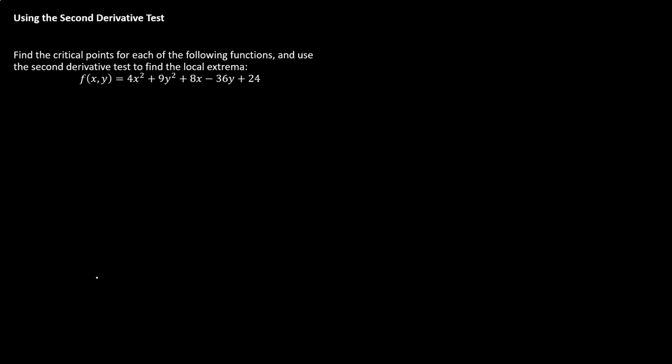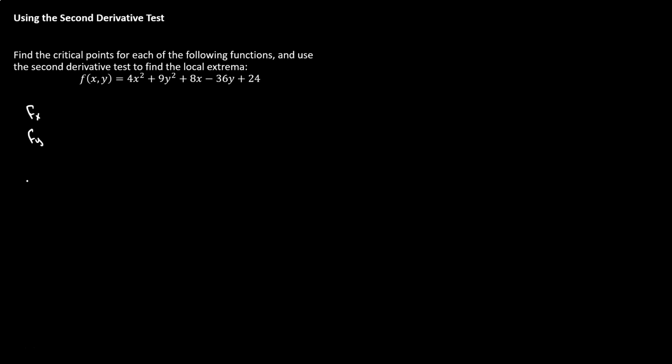Let's do an example of using this second derivative test. We want to find all the critical points, and we want to use the second derivative test to find the local extrema. So not only are we finding our critical points, but we're going to classify them as max, min, or saddle. So we need to calculate quite a few derivatives. We need the partial with respect to x, the partial with respect to y.